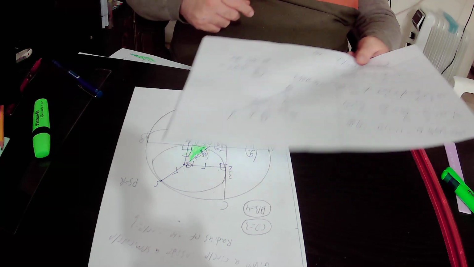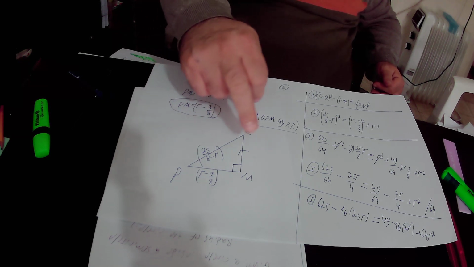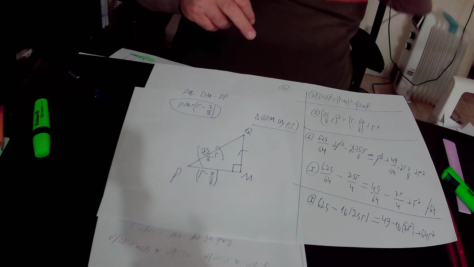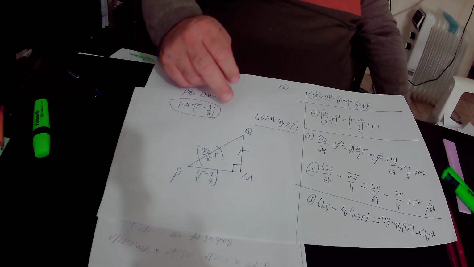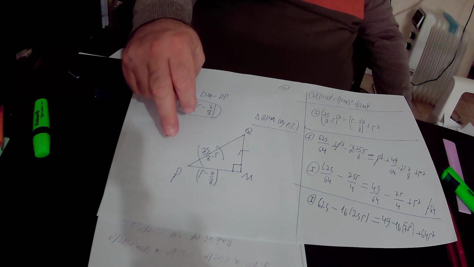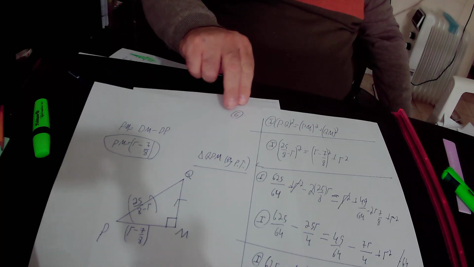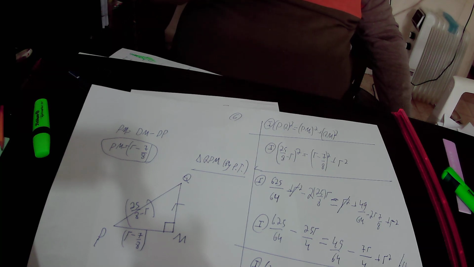And now we implement the Pythagoras theorem on the right triangle QPM. According to the Pythagoras theorem, the square of the hypotenuse equals the sum of the squares of the perpendiculars. That is to say, QP square equals PM square plus QM square.